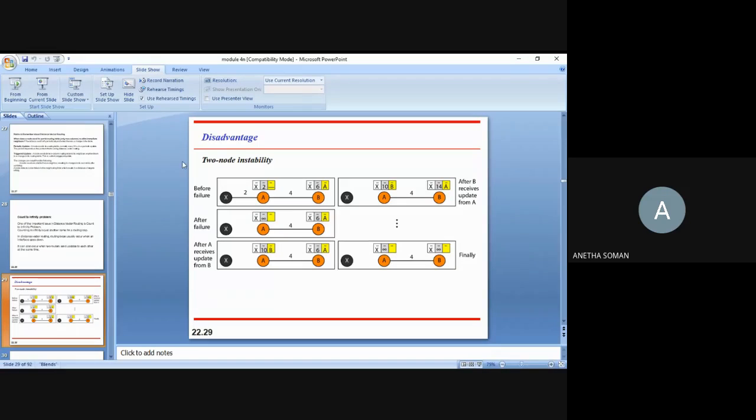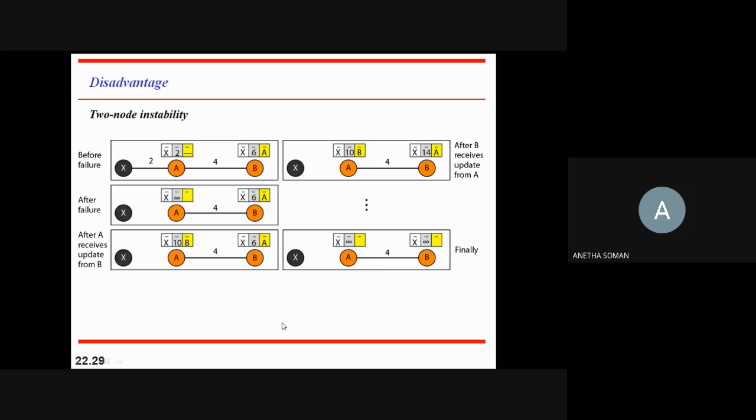I have three nodes here: node X, node A, and node B. You have a system with three nodes, X, A, and B. At the beginning, assume that both nodes A and B know how to reach node X.